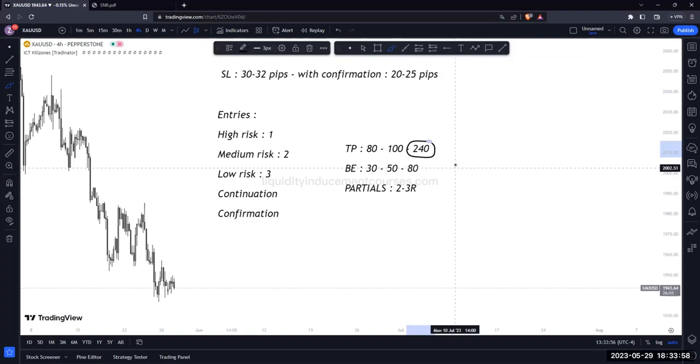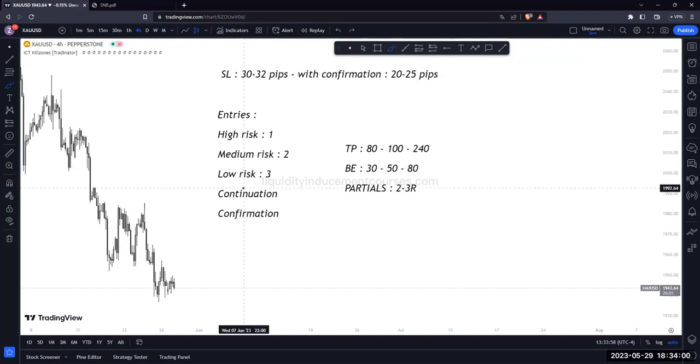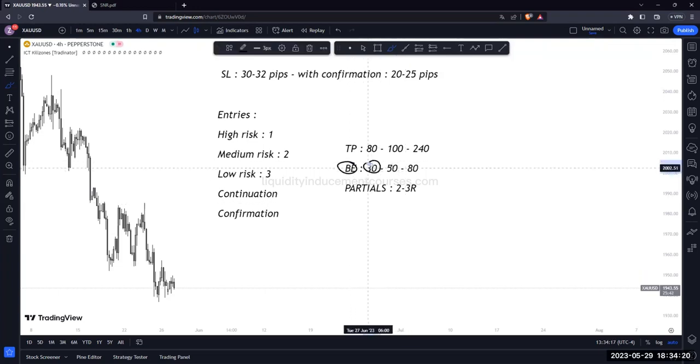Okay, at least. For whatever the entry decision level is, 120 pips. Decision level is 120 pips. Understood? It might be in the low risk, but it's 120 pips because it's special for scalping.